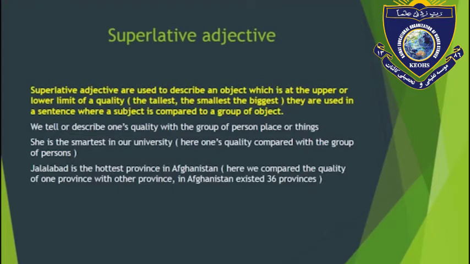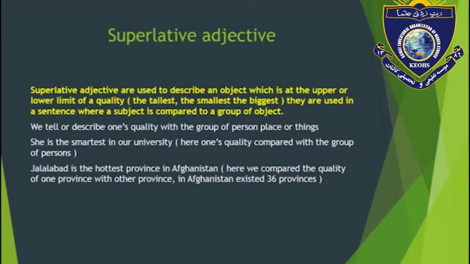There are a lot of students in a school. There might be more than 100 students in a school, and we compare one student with the other students. She is the smartest in our university. In a university, there are a lot of students.